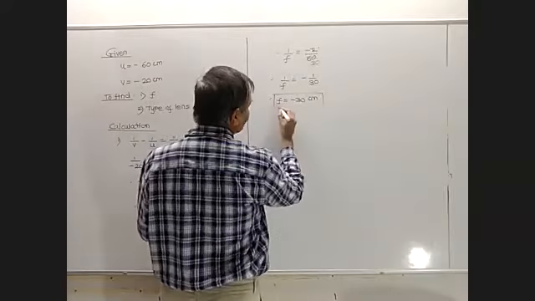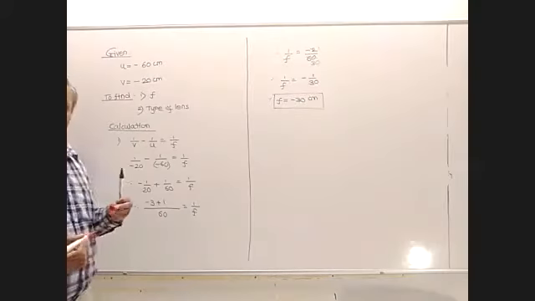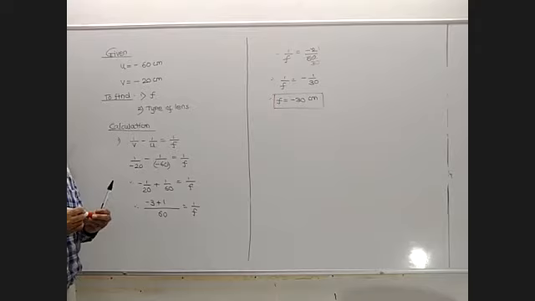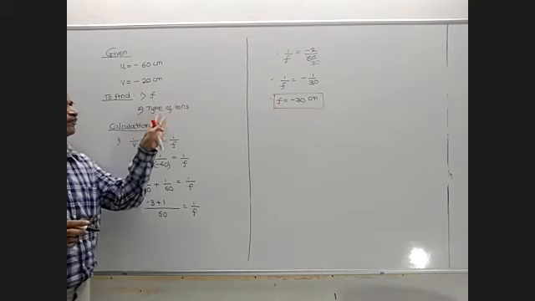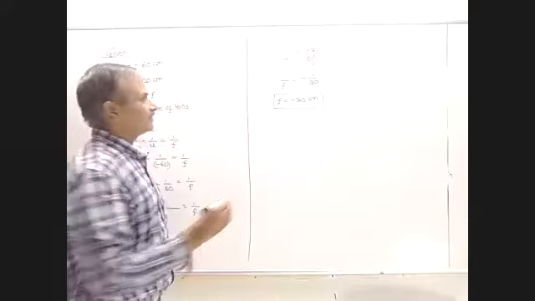Look now, since the focal length is negative, you know, for a concave lens or diverging lens, the focal length is negative. So that is what type of lens: a diverging lens.